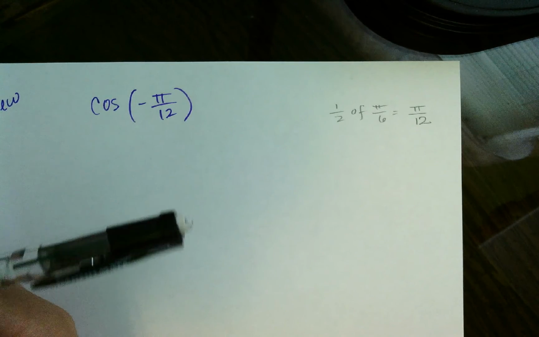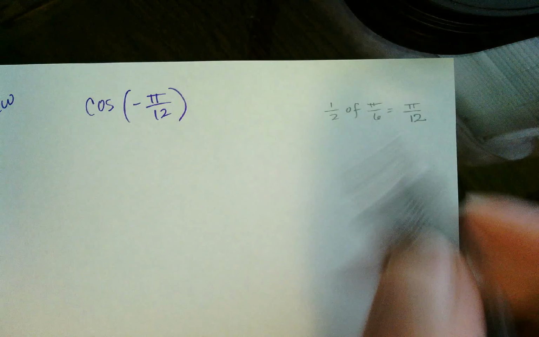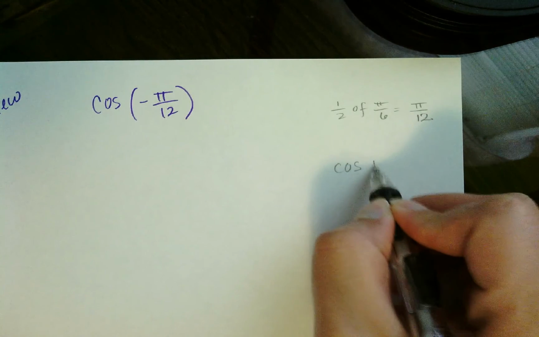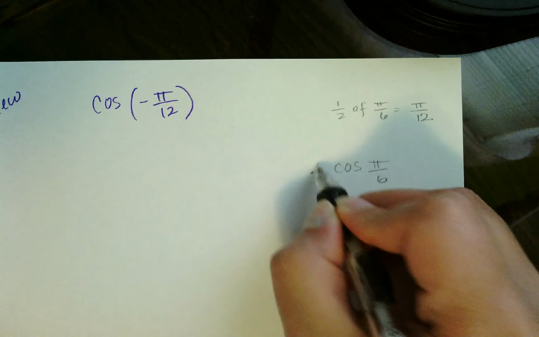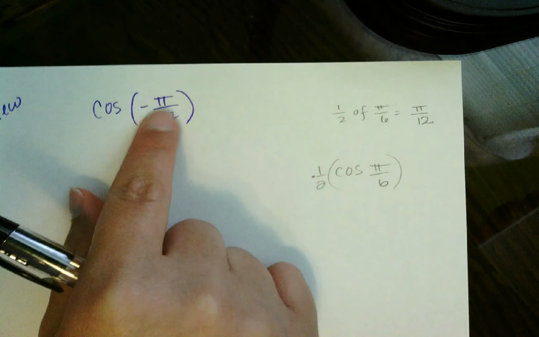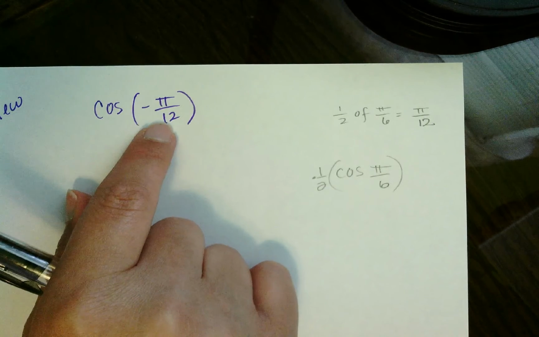So did you say cosine of pi over 6 is this and then multiplied by half of that? Yeah, you can't do that either. So you did cosine of pi over 6 times 1/2, right? That's what you did. You just totally changed the problem. That is not the same problem. So that's not the same as this.